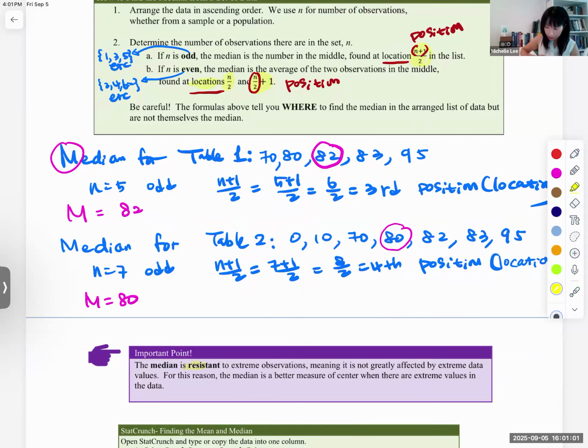What does resistant mean? The median is resistant to extreme observations. Extreme observation means very low data or very high data. So it is not greatly affected by extreme data values.